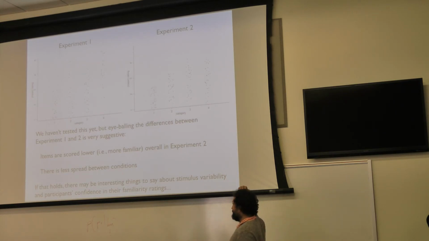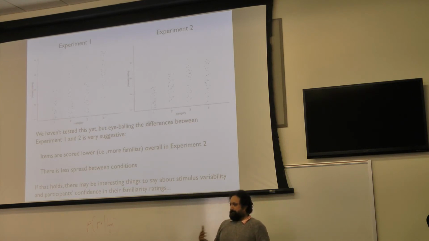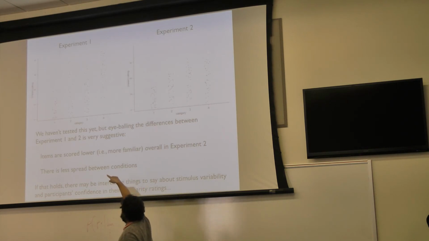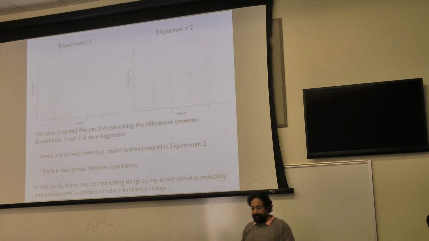We haven't tested for this, but it may have something interesting to tell us about stimulus variability and participants' confidence in their familiarity ratings. That is, if you literally repeat the same stimulus over and over again, you have greater confidence in the word part-word contrast than you do when you introduce variability. So that's just something to throw out there.